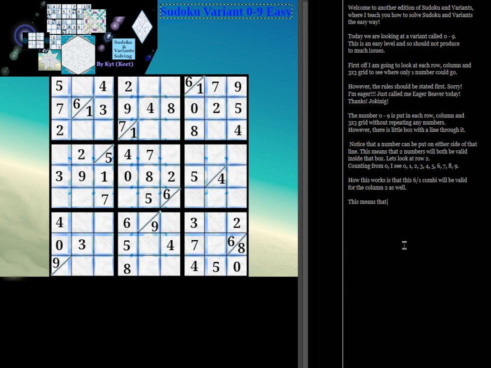This means that no other 1 or 6 can be in column 2. No other 1 or 6 can be in the 3x3 grid on the upper left either.